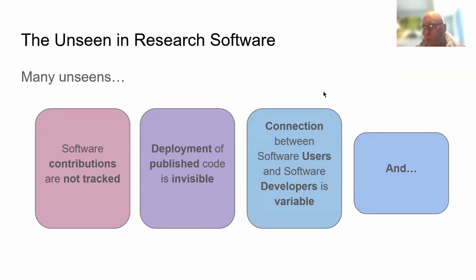So software contributions are not tracked in my country, South Africa, and I don't believe that they are in fact tracked by any of the science councils on the African continent. There is some work in Europe and other places to do so. Deployment of public code is typically invisible.